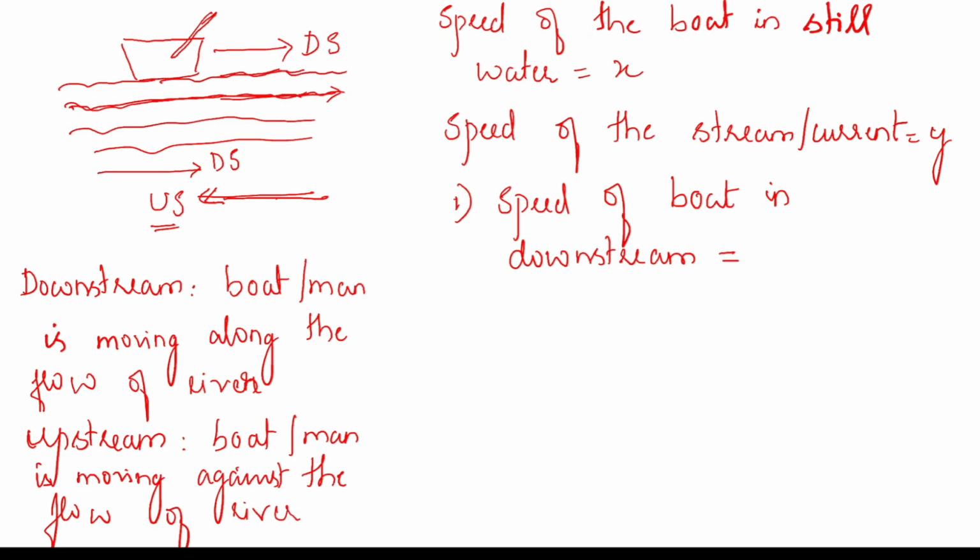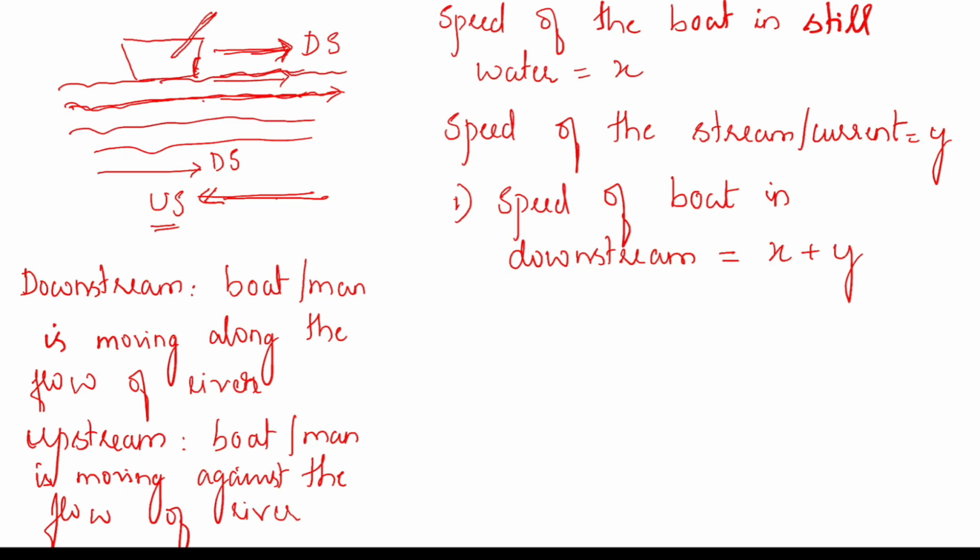The speed of the boat downstream is given by x plus y. Why x plus y? x is the speed of the boat and y is the speed of the current. When the boat and current are moving in the same direction, the speeds get added.